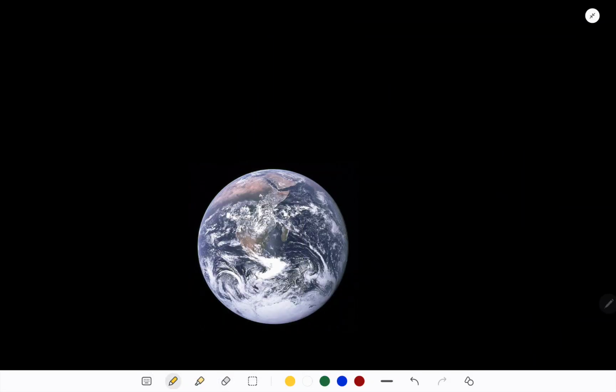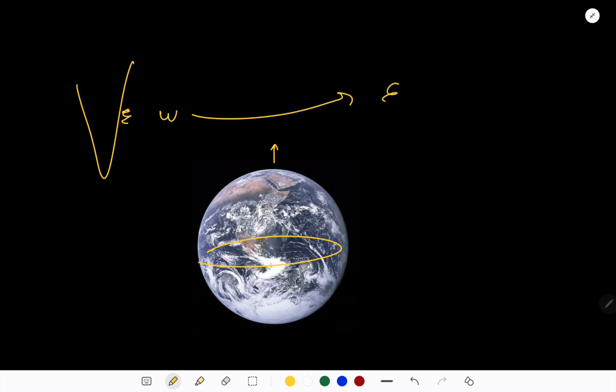Initially, as I told you, when the rocket is launched from this side, and I'll explain this concept later, most rockets are launched from the eastern coast. Why from the eastern coast? Because Earth moves from west to east, in this direction, so that the rocket can have the initial push.